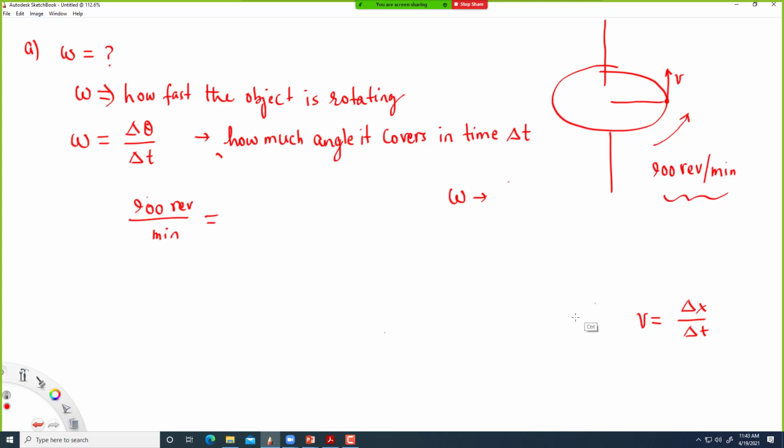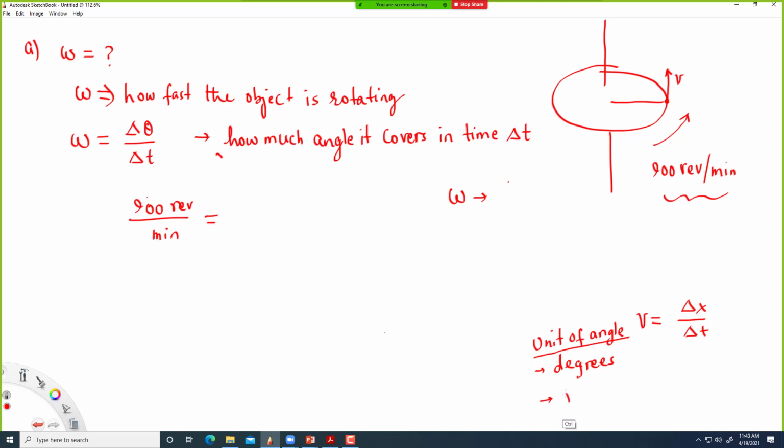What other unit do you use for angle? Degree is right. There is a very important distinction here. I want you guys to think about that.